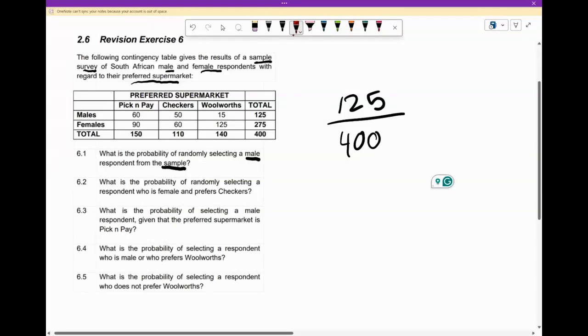6.2, what is the probability of randomly selecting a respondent who is female and prefers Checkers? Who is female and prefers Checkers? You guys are saying over 275. Why 275? Yes, we're talking about Checkers.